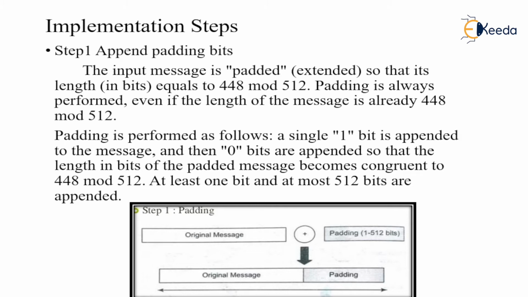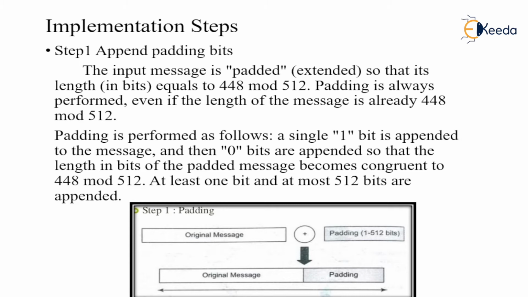So the input message is padded, which is nothing but extended, so that its length should equal 448 mod 512. That means it should be a multiple of 512. Padding is always performed even if the length of the message is already 448 mod 512.